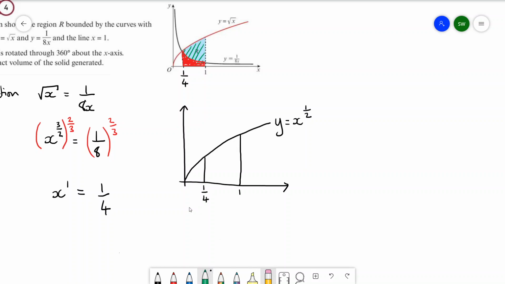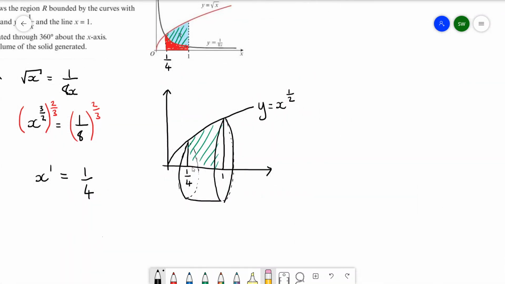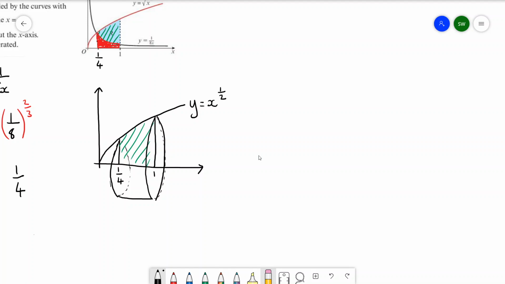And we're going to rotate that entire region. And it's worth noting the solid that we're going to get is going to look something like that. So we've got to be careful that we use the right formula here. We're rotating around the x-axis, so the formula is the integral of pi y squared dx. And our limits, we're going to rotate between x equals a quarter, that's the start of our region, and x equals 1, that's the end of our region.